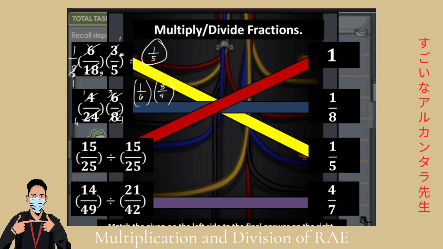Now, if you look at this, 6 and 3 can be simplified because 6 is in the denominator position, 3 is in the numerator position, and they have a common factor. Divide both by 3, this will be 2, this will be 1. 1 times 1 is 1, 2 times 4 is 8. So it's 1 over 8, and as you can notice, we are correct with that.